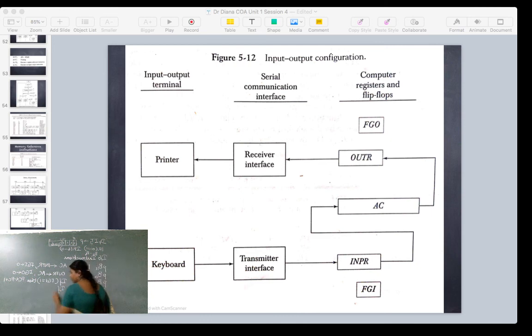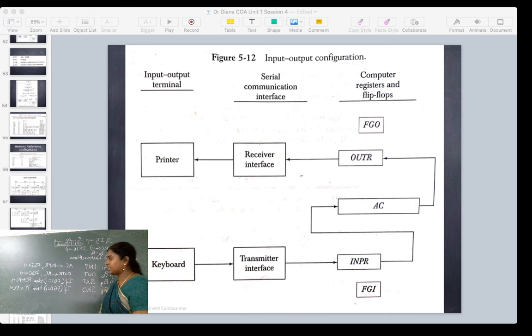So if my output flag, which is FGO, is 1, then I have to skip my next instruction by incrementing the value of PC by 1. So clear? It gives, if FGO is 1, then PC value is incremented by 1.